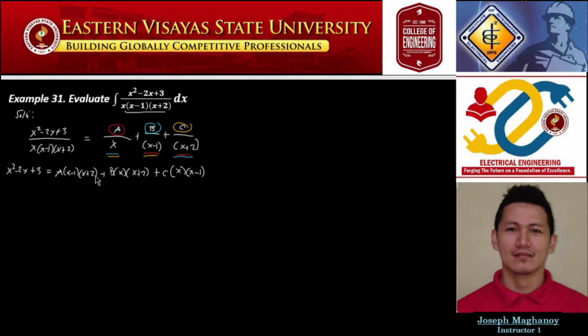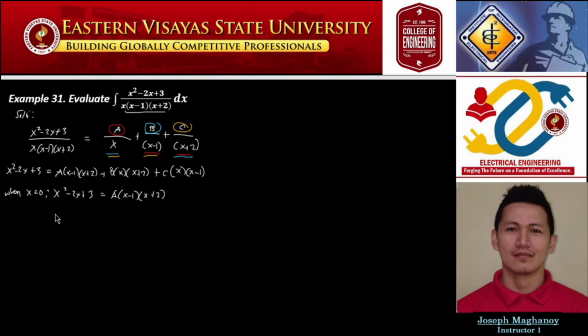So we have an equation. Now we solve for your a. We assume a value: when x is equal to 0, we solve for your a only. So x squared minus 2x plus 3 is equal to a times x minus 1, x plus 2.